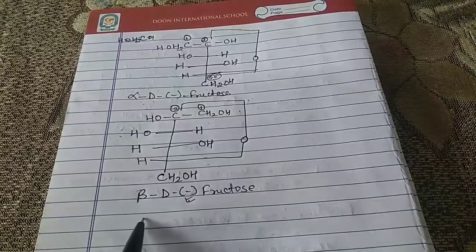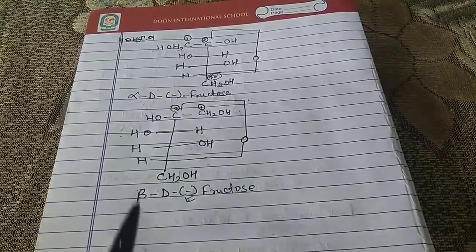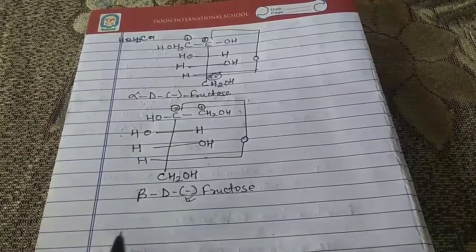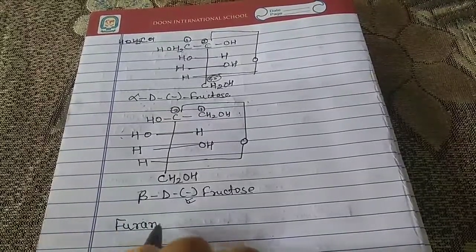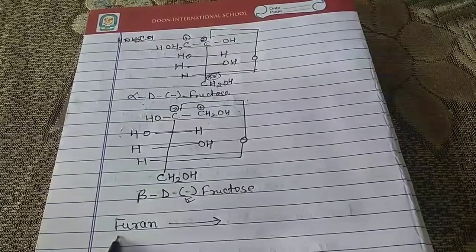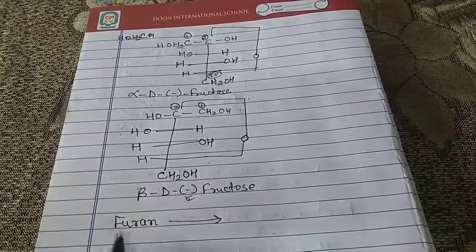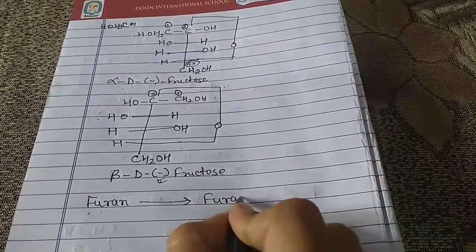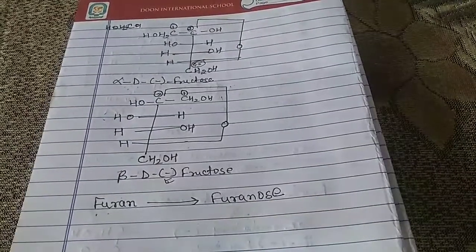Now we also have a ring structure for fructose, which we apply on a 5-membered ring structure called furan. The fructose which is obtained when we apply the structure on the furan is known as the furanose structure.